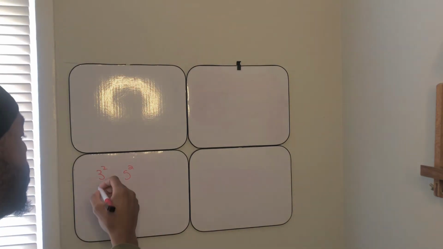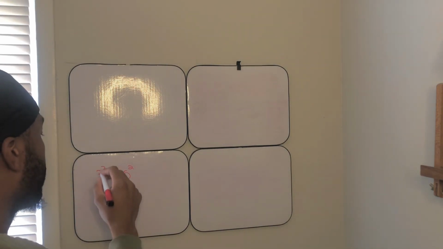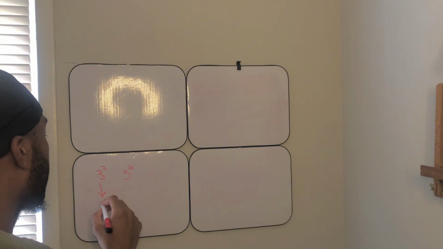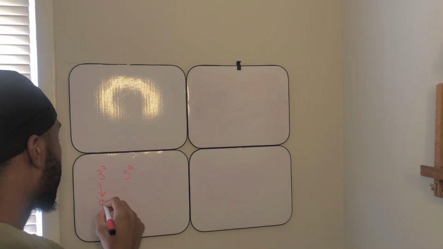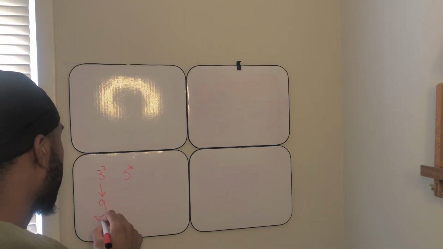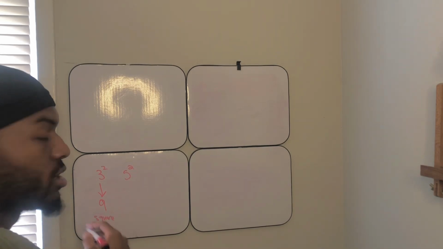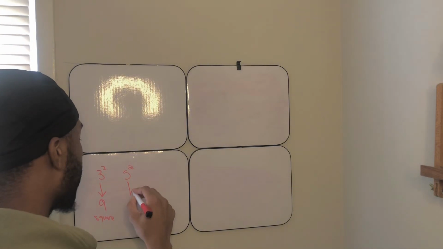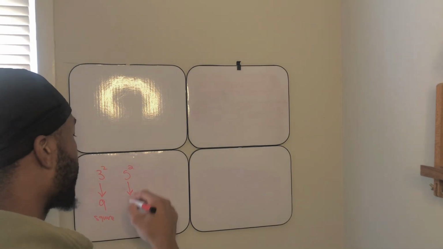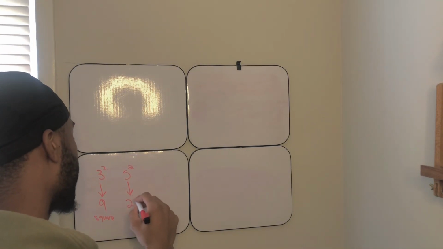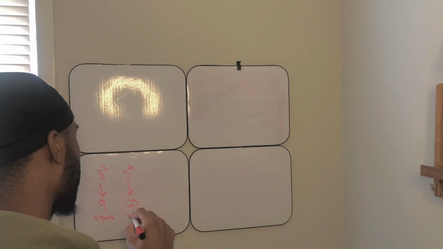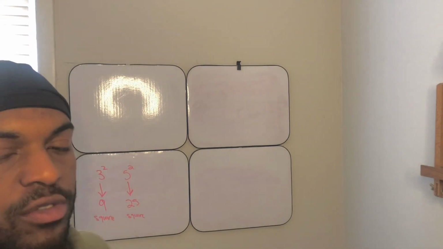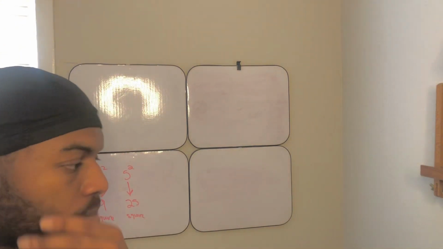So 3 to the second power becomes 9, and 9 is the square. For this one, 5 to the second power, that's 5 times 5, which is 25, and 25 is the square.